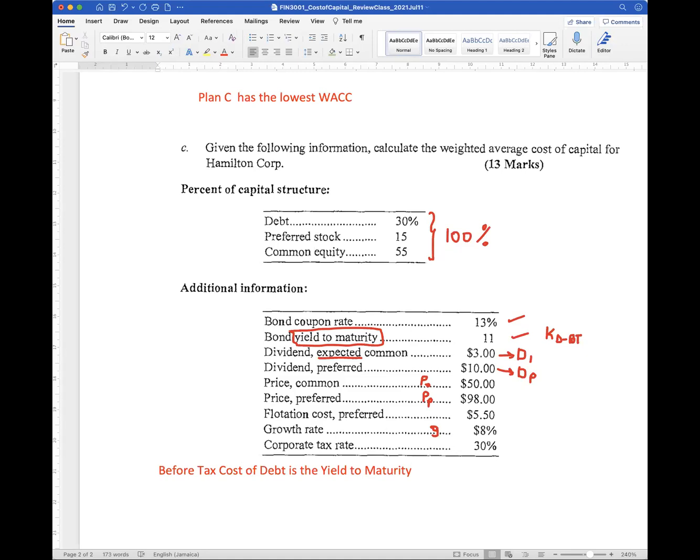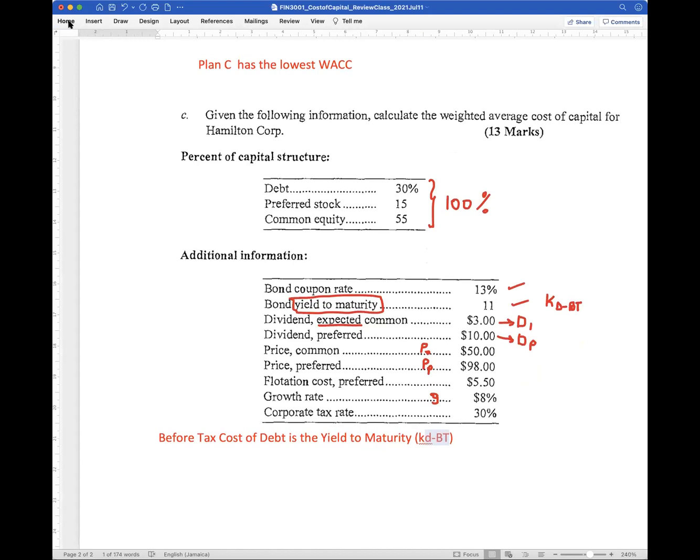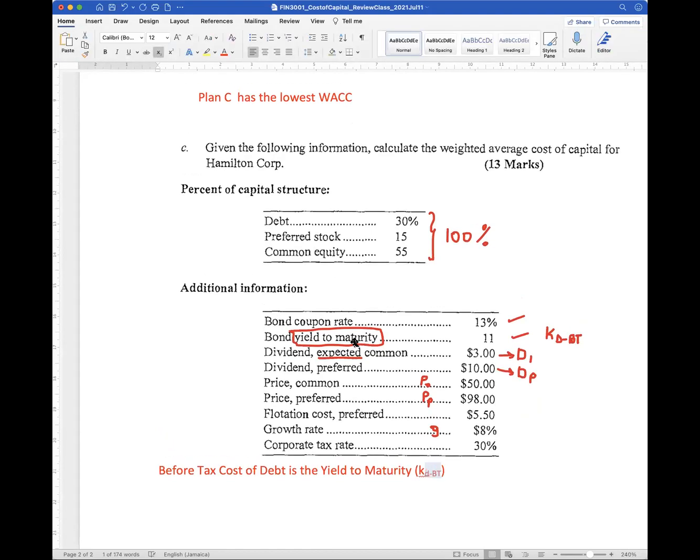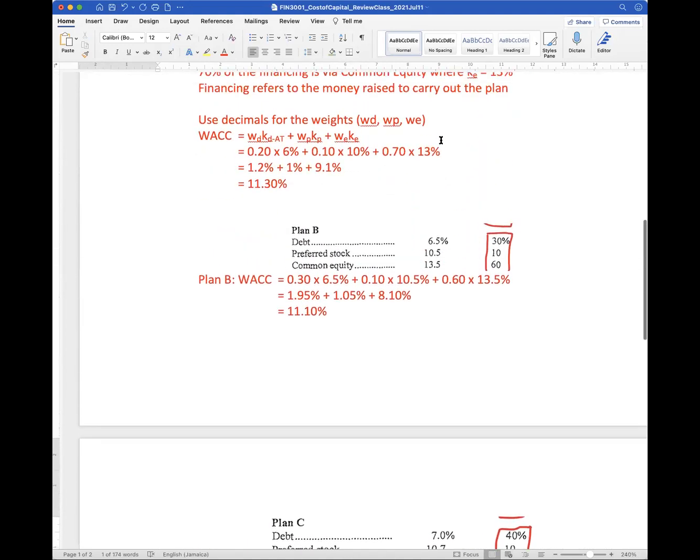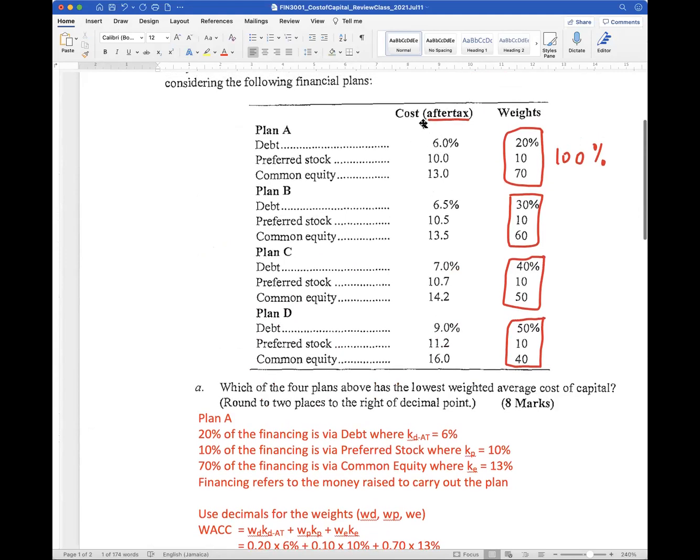The cost of debt before tax is the yield to maturity. Yes, because that's what they did here. The previous question just told you the cost after tax, and then they broke them down one by one.